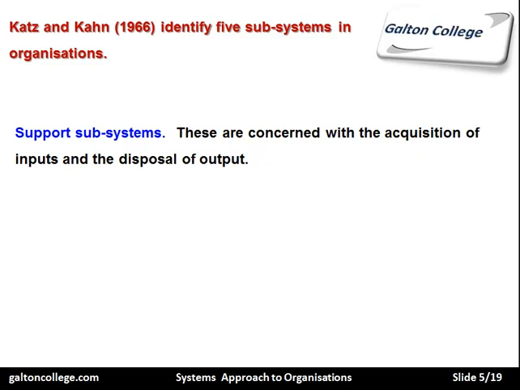Next is the support subsystems. These are concerned with the acquisition of inputs and the disposal of output. In other words, the purchasing department, the acquisition of inputs, and the disposal of outputs, the logistics, the distribution system, and also to some extent the marketing system that enables the organization to provide the right products, identify the customers, identify where the customers are and the attributes of the customers, and so on.